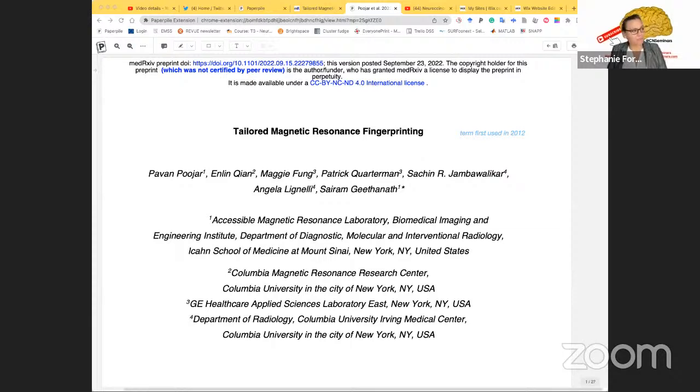Now, what they did, particularly in this paper, is they used their tailored magnetic resonance fingerprinting in 4 living human data sets and in vitro phantom scanning, and compared it to the standard vendor-supplied gold standard and also other MRF sequences. The whole thing was done on a 3T GE Premier scanner, and the images were reconstructed offline in MATLAB.